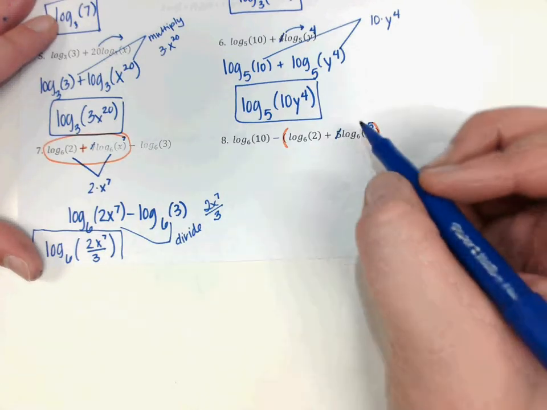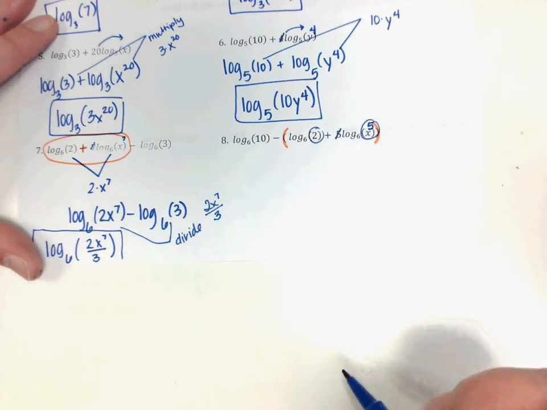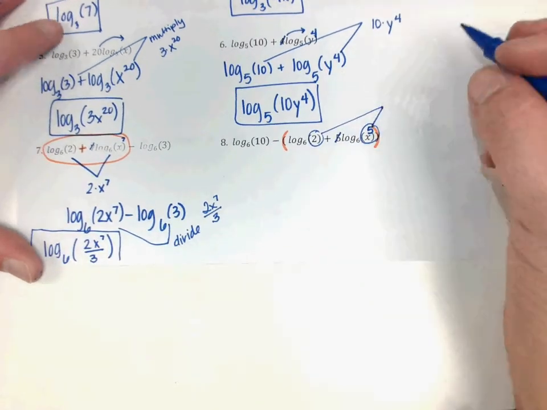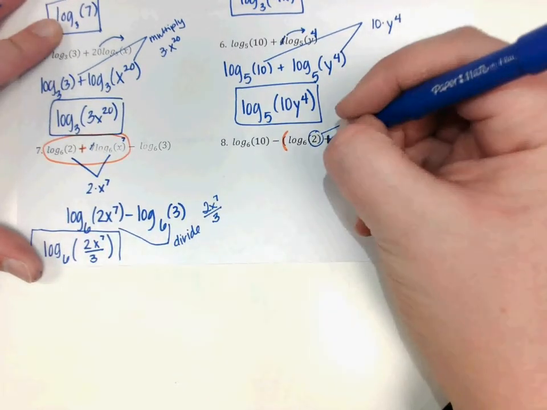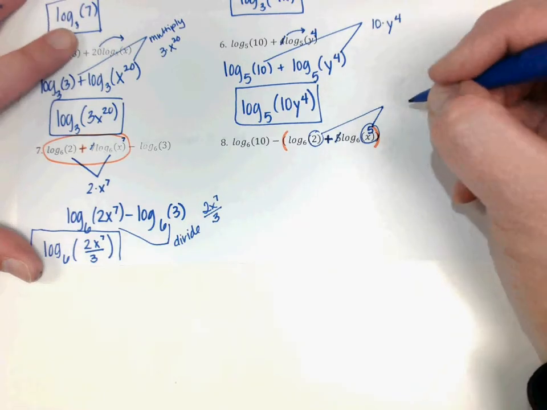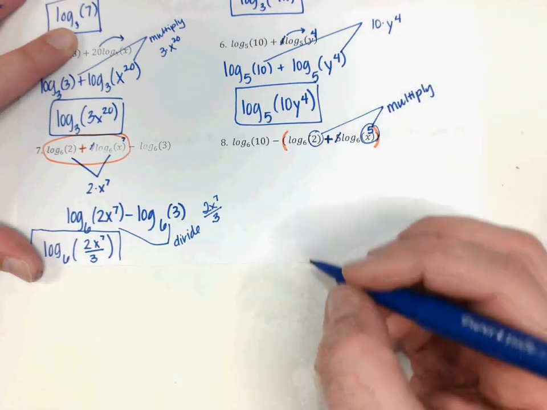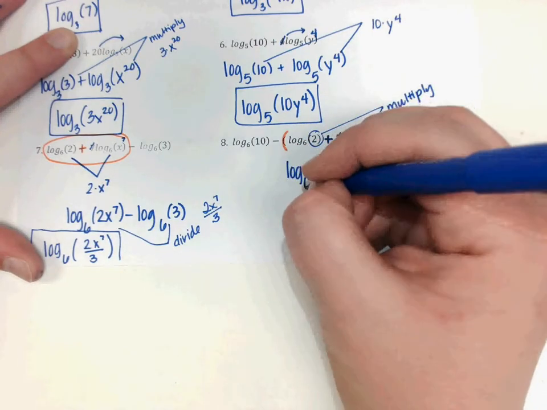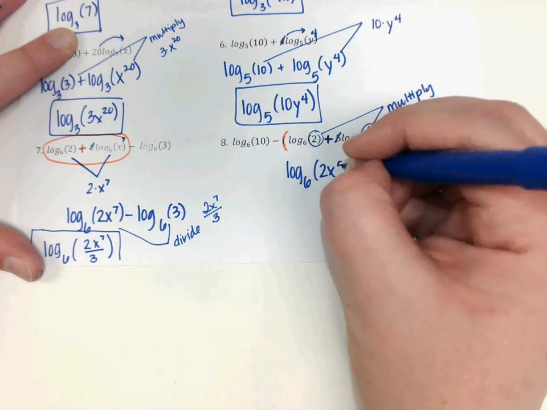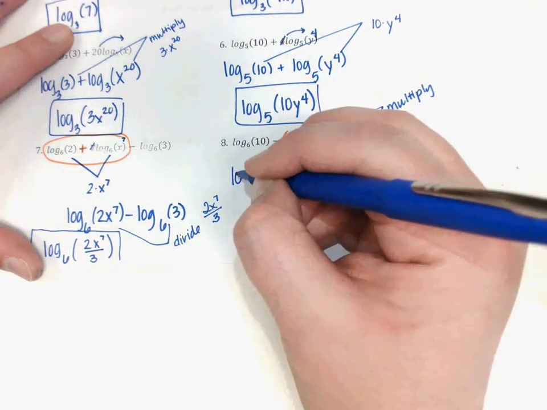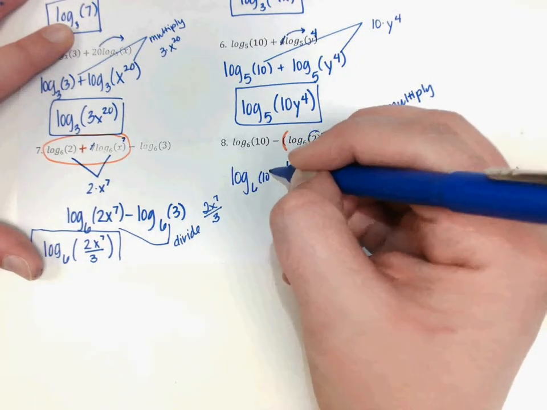What do I do with their arguments? Multiply or divide are your choices. I see a plus in the middle that tells me I'm going to multiply. And what is 2 times x to the 5? 2x to the 5. Perfect. So I have log 2x to the 5, but then remember in front of that I had a log 6 of 10.